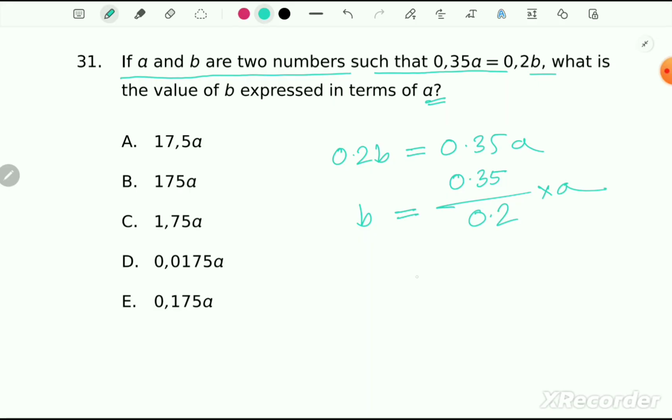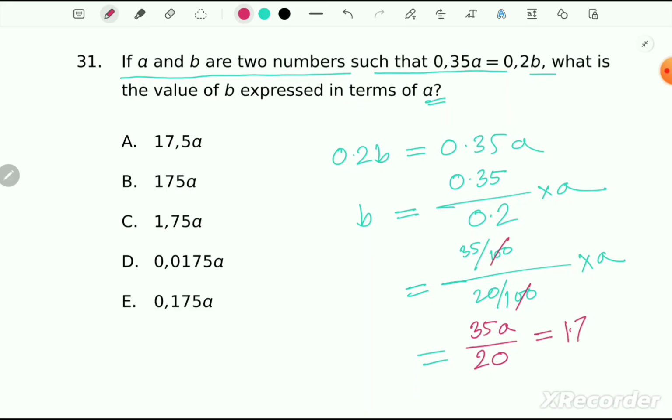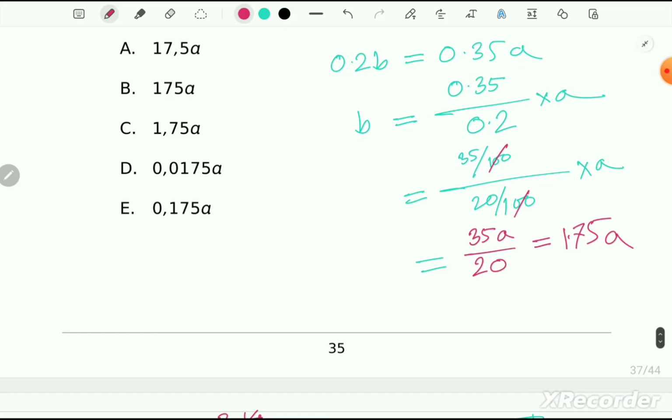This is A. 0.35 we can write like 35 divided by 100, and 0.2 we can write 20 divided by 100, and we have A, therefore it becomes this. 100 and 100 we can just cancel out because both are on the same side. Then what remains? 35 divided by 20 and A. So this is actually 1.75 A. So our answer is C.